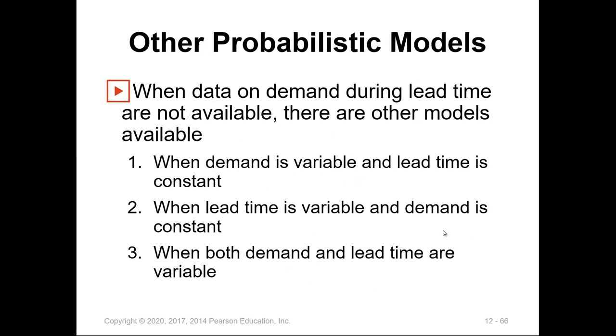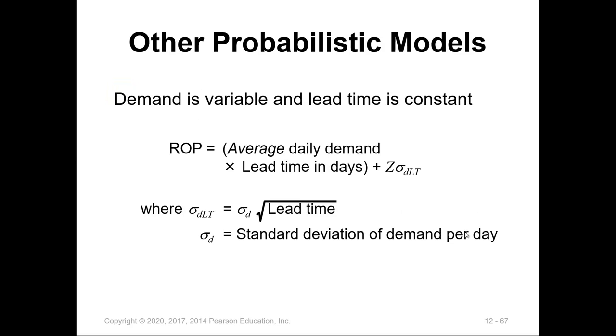When data on demand during lead time are not available, there are other models available: when demand is variable and lead time is constant, when lead time is variable and demand is constant, and when both demand and lead time are variable. When demand is variable and lead time is constant, then the reorder point will equal the average daily demand multiplied by the lead time in days plus the Z sigma DLT.